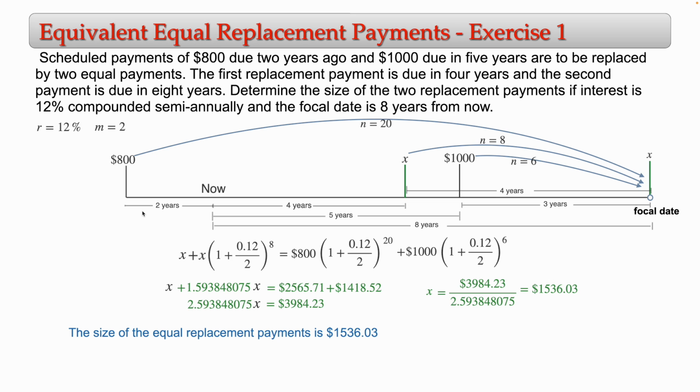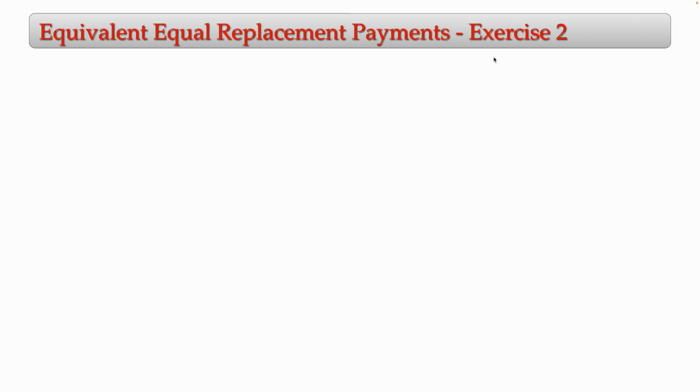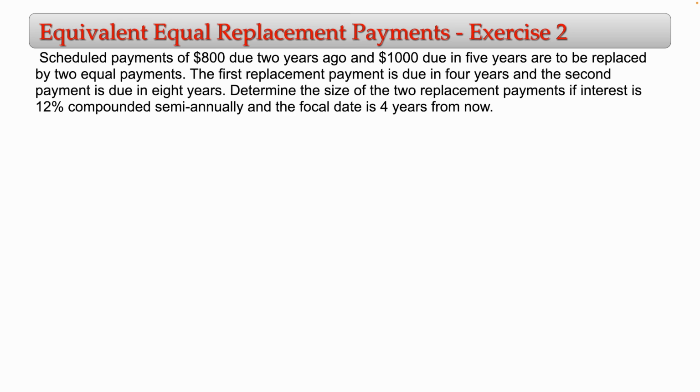Let's solve it. So as exercise number 2, I will be solving the same problem, but now when the focal date is 4 years from now. Of course, we need to take into account the interest and how the interest compounds, but despite that the solution is the same, the equation will be completely different. Why? Because we have changed the focal date.